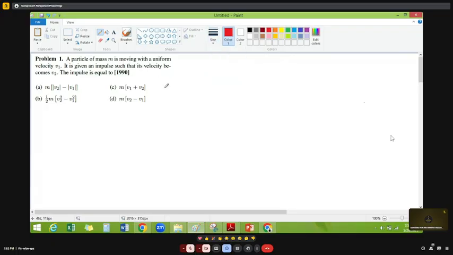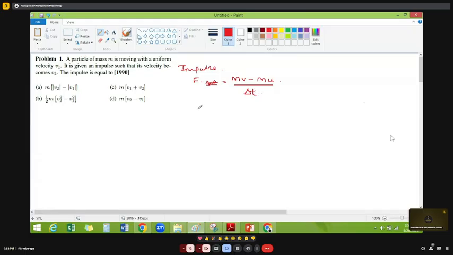A particle of mass m is moving with the uniform velocity v1. It is given an impulse such that its velocity becomes v2. The impulse is equal to? Just now I told you impulse is nothing but F into delta t, or you can say F is equal to mv minus mu divided by delta t, rate of change of momentum.